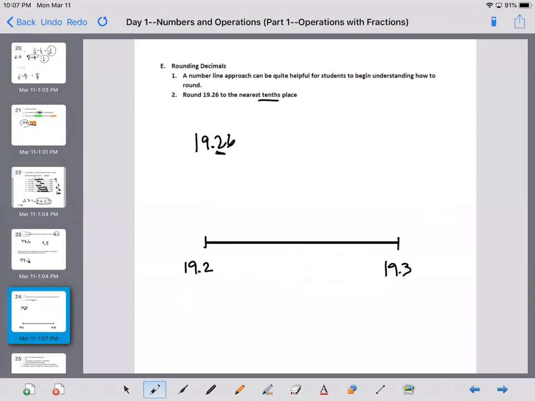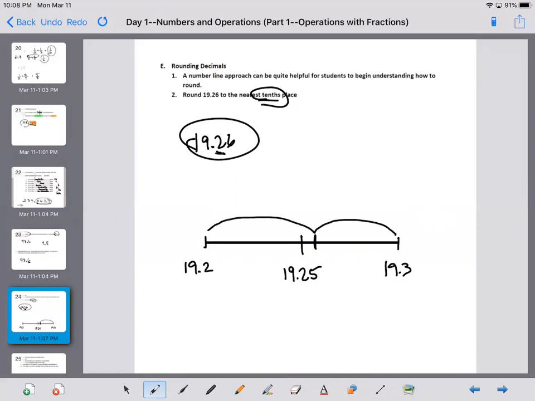That makes sense of what it's going to be between, because we asked to round it to the tenths place. Is it going to be closer to 2/10, or closer to 3/10? Well, halfway is going to be 19 and 2500ths. So where does this 19 and 2600ths lie? It's somewhere right there. So we would see that it's closer to 19 and 3/10 than it is to 19 and 2/10.